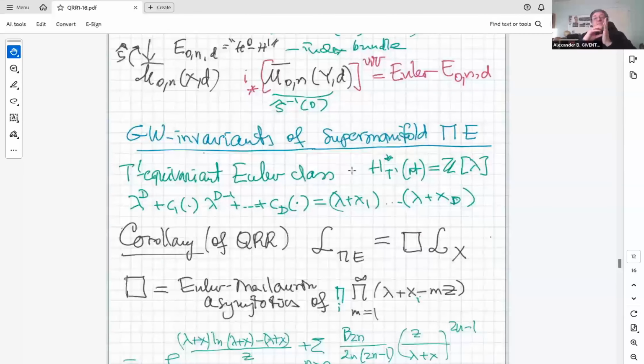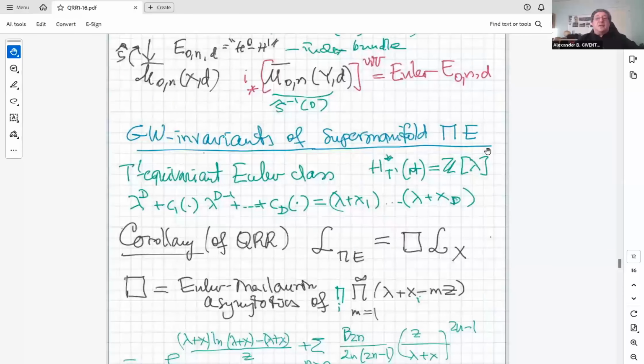Let's introduce a circle action or C star action there fiber-wise. It doesn't act on the base X, but it just multiplies by scalars on the fiber. And let's consider equivariant theory with respect to the circle action, this T^1, a one-dimensional torus action. The coefficient ring of that equivariant theory is a polynomial algebra in some generator lambda. So it's the cohomology of CP infinity, and lambda is a generator in the cohomology of CP infinity.